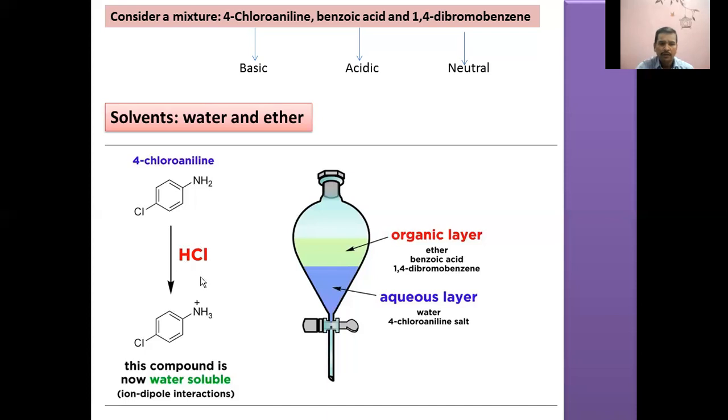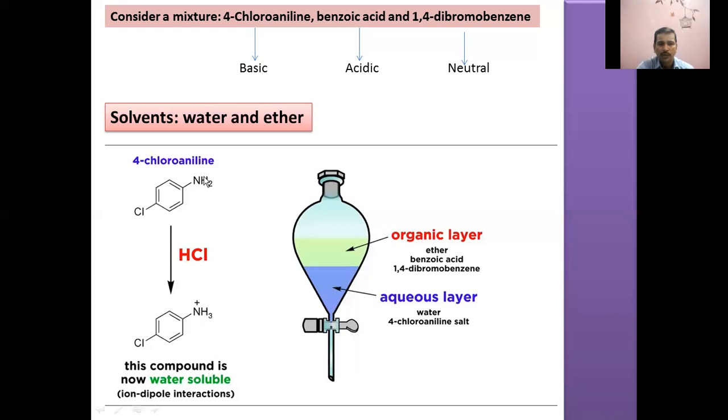After the addition of hydrochloric acid, you know basic chemistry here, because this is basic. NH2 is basic. This will undergo protonation in order to get converted into NH3+. You will get 4-chloroanilinium chloride.